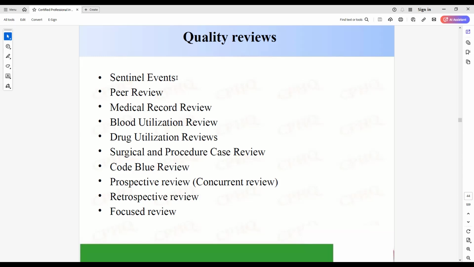Okay, and then medical record reviews. When do we use medical record reviews? For quality improvement projects, we can utilize medical record reviews. Yes, for quality improvement projects, true. What else? Anyone is aware of a regular medical record review that's done?